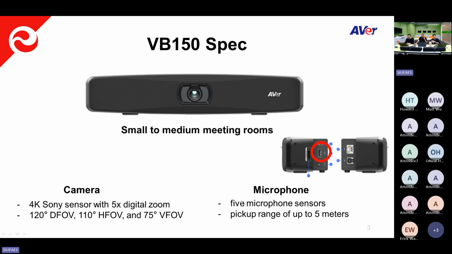On the other hand, the microphone offers a pickup range of up to 5 meters. And compared with the VB130, the VB150 includes an HDMI output for more flexible connection options. For more detail about the VB150, you can also visit our official website.